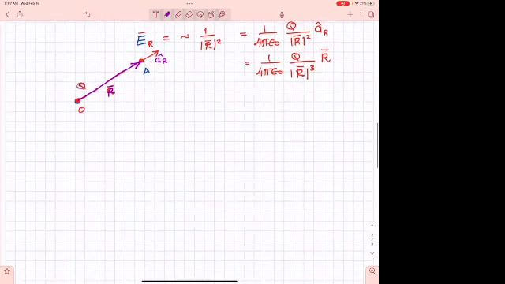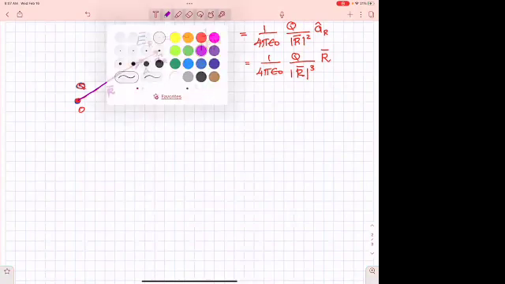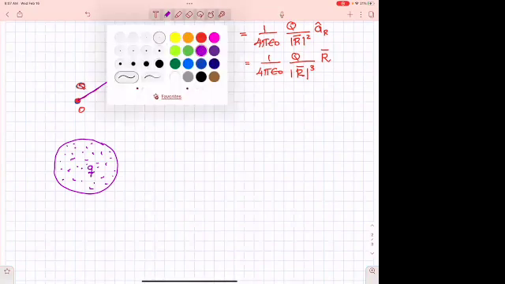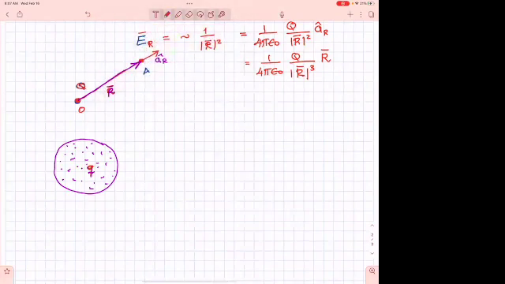What happens if this Q is distributed over a volume? Let's assume that it is distributed uniformly over the volume. This is Q sub V, excuse me, it's volume.